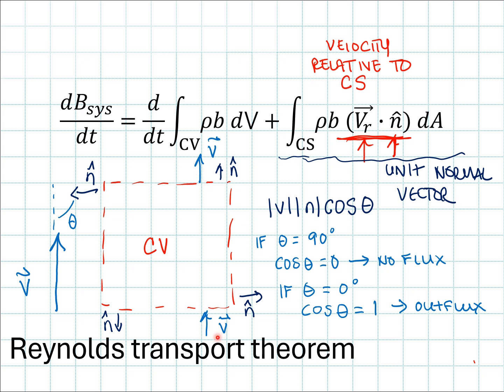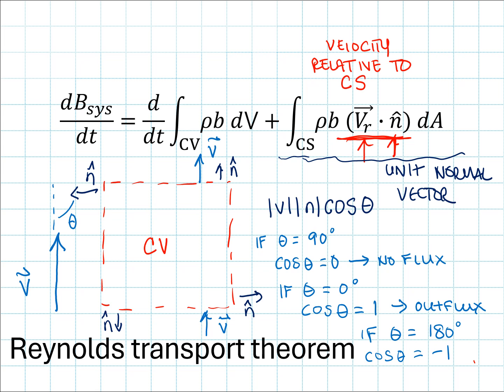If it were coming in, like down here, now see what happens. Now, my angle theta is equal to 180 degrees, and my cosine theta is equal to -1. So in this case, my velocity vector and my unit normal vector are oriented at 180 degrees from each other. Cosine of 180 degrees is -1.